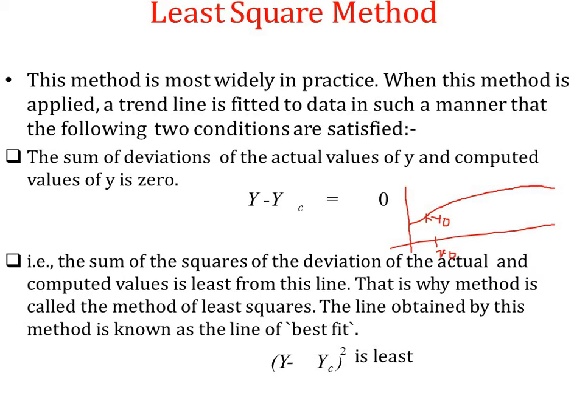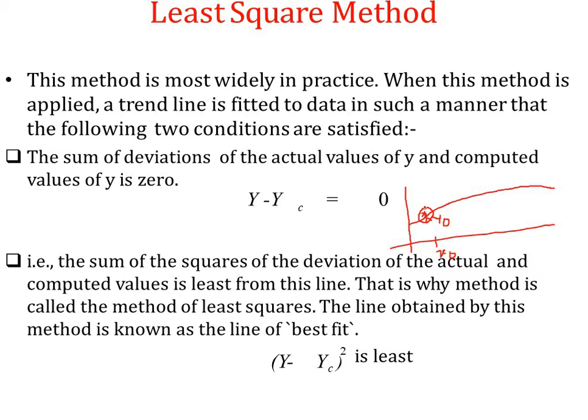When I have some equation and I put some value of x and get a value of y as computed, that value may differ from this given value. The difference between this computed value and the actual value is known as residual.